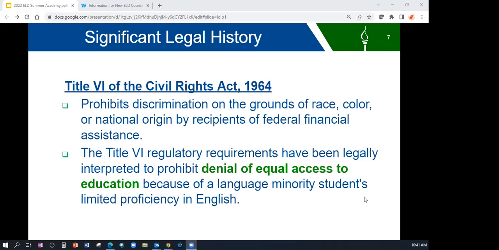What it said basically was that you can't discriminate on the grounds of race, color, or national origin. This significant legal obligation lays the foundation for prohibiting all aspects of discrimination. It's been interpreted to protect English learners, which we used to call limited English proficient students, and it gives them equal access to education.